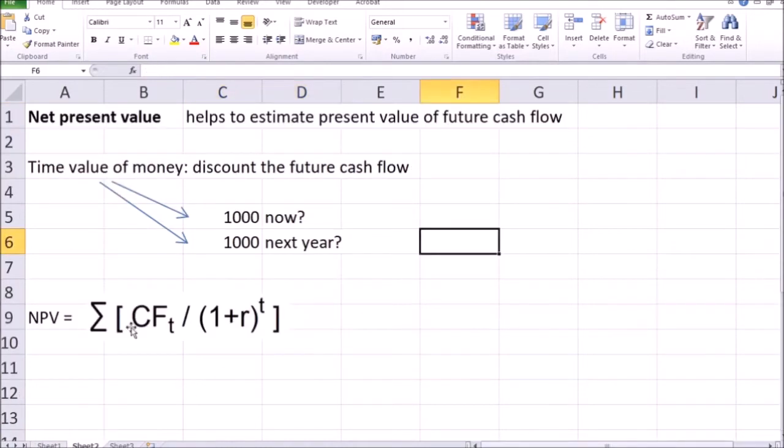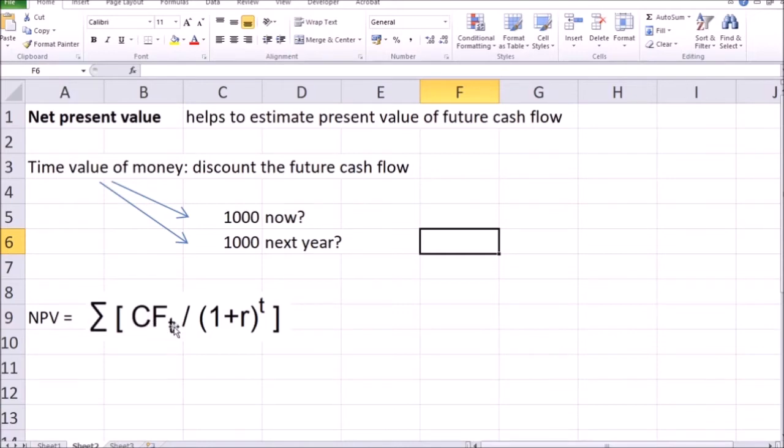Moving on to how we calculate the net present value, which will help us to actually move on to the cost of capital, today's topic. The formula for net present value is the sum of all present and future cash flows discounted using some sort of a discount rate. So NPV here, of course, is net present value, CF is cash flow, T is the time of the cash flow.